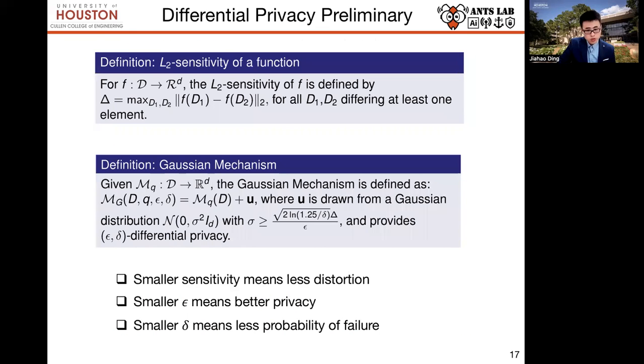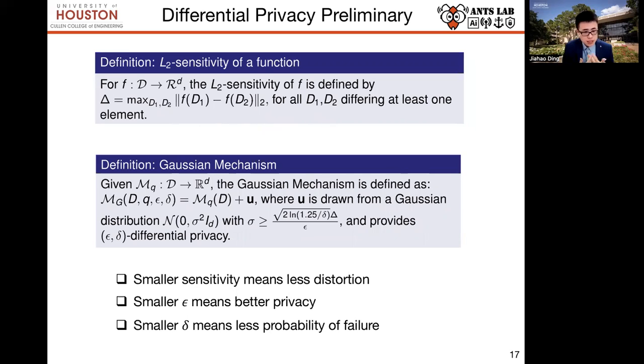Next, I will introduce the sensitivity, which is also referred to as uniform stability. It is defined as this equation, which is the maximum difference between the function result with two data sets D1 and D2.